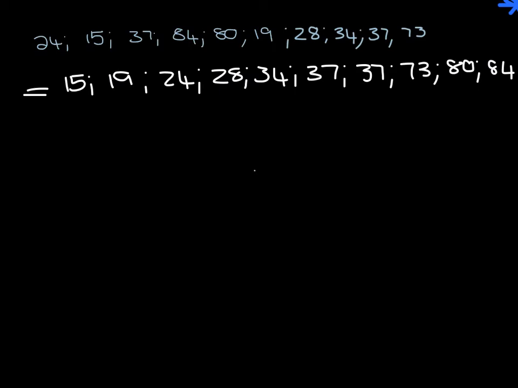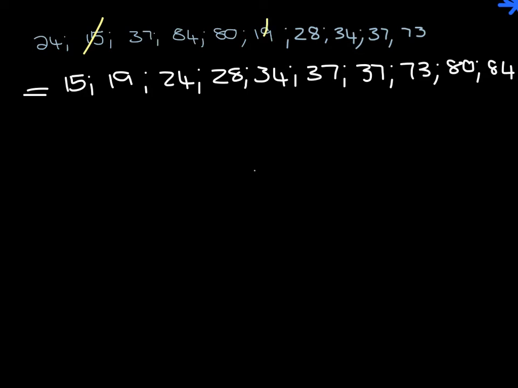You'll be very careful when you do it, not to exclude anything. So you'll go and count how many numbers you started with, and then you count that you've got all of them here. And I would suggest, as you write 15 now down, you will draw a line through 15 just to show yourself you've done 15. And now you'll draw a line through 19 to show you've done 19.